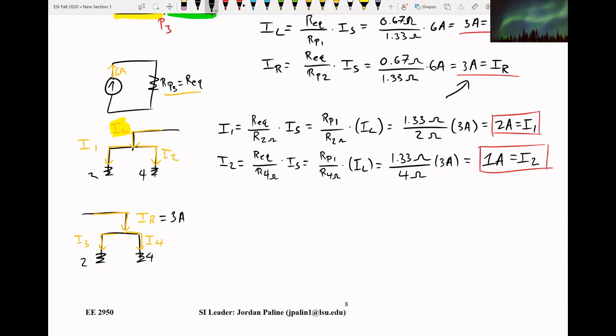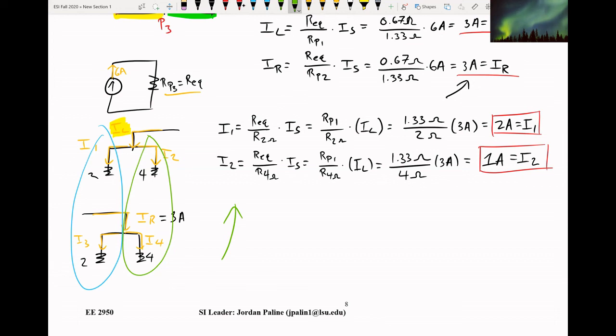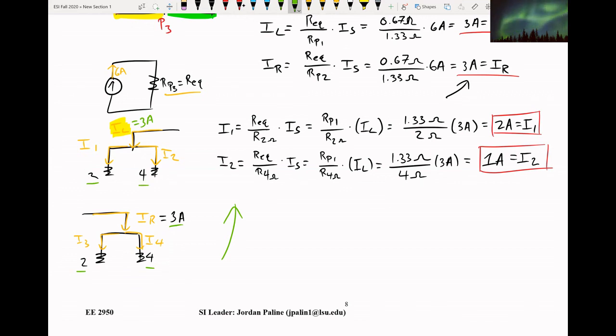And look at the 2 branches, there and there. They're identical branches, right? So we really can just bypass doing all that work again, because we see that the 3 amps is going to be broken up down a 2 and a 4, and like we had up here, this was 3 amps, which was broken up down a 2 and a 4. So we've already done the work.